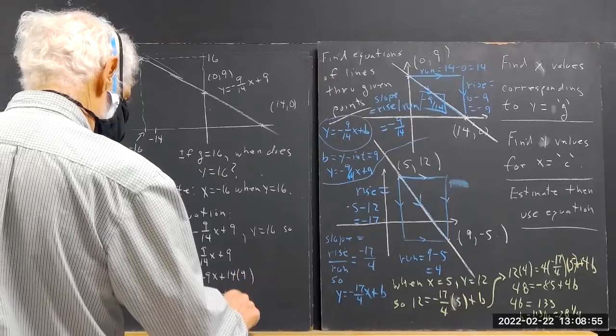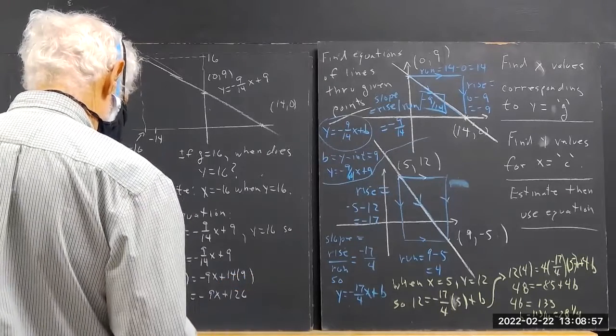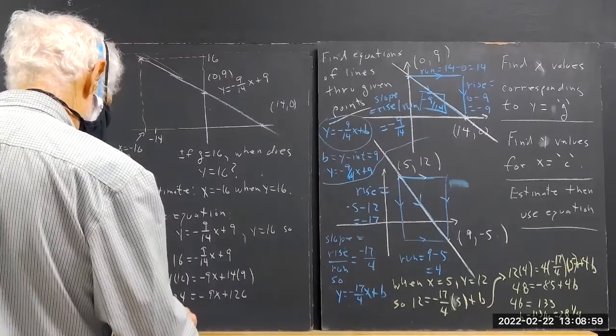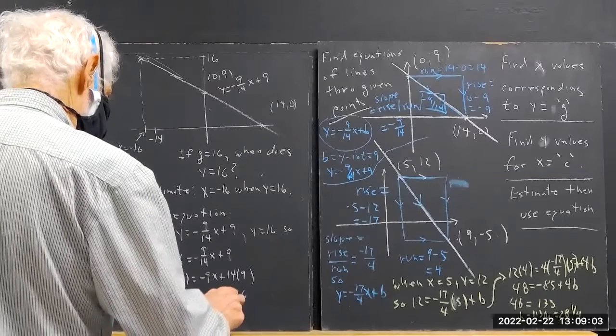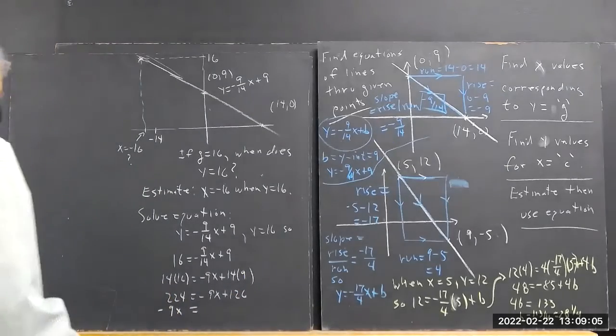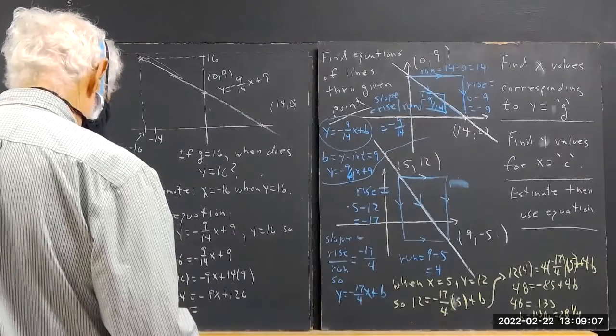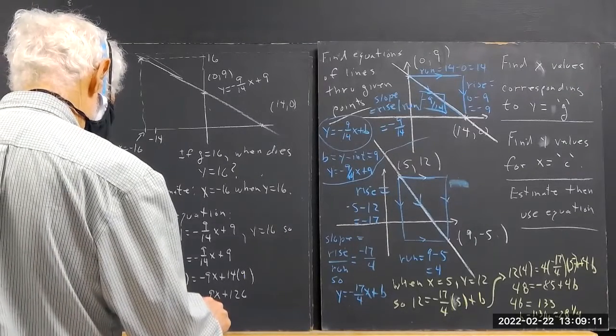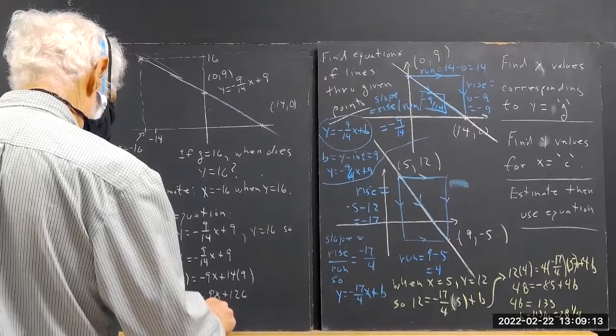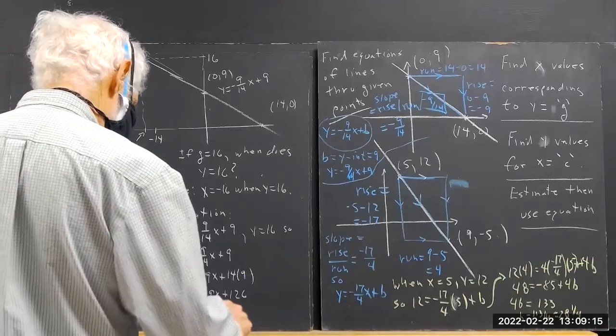And this is 126. So negative 9x, if I subtract 126 from both sides, I get 98, which means my estimate was really not a very good one.